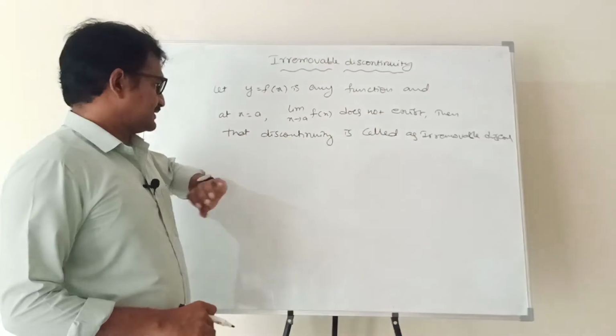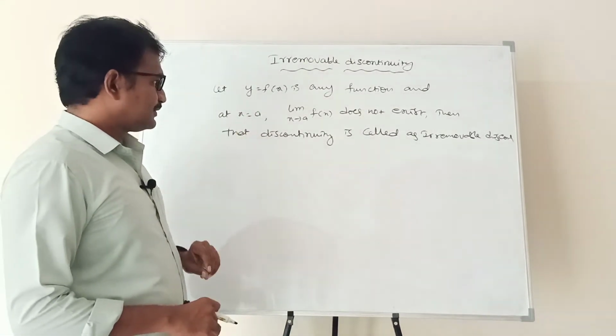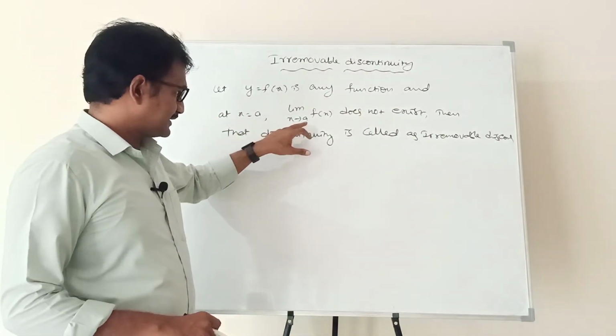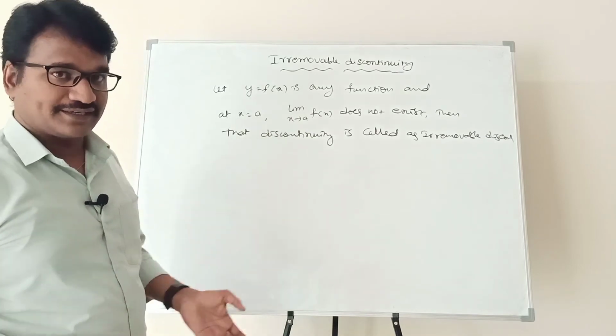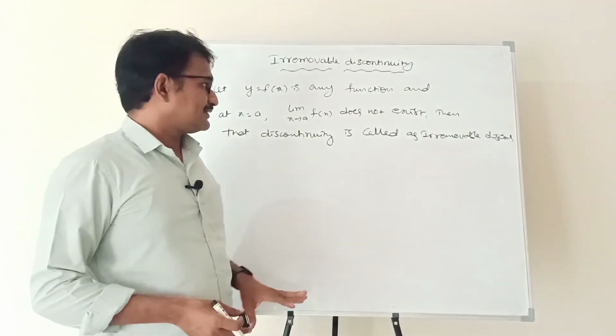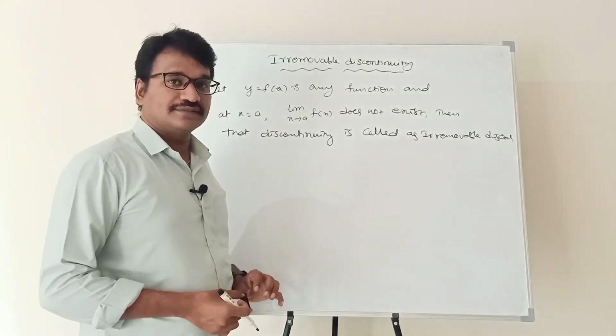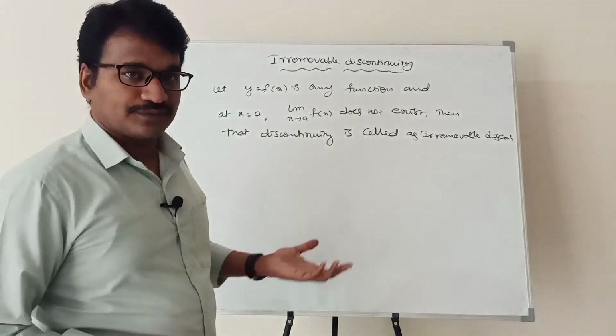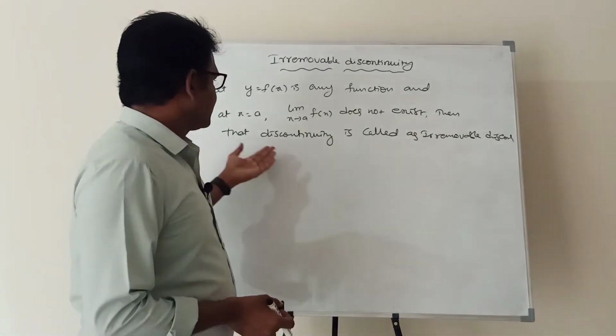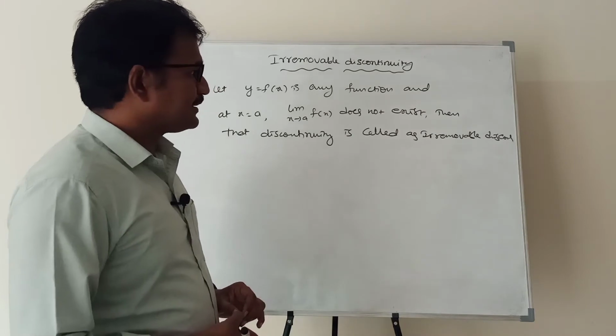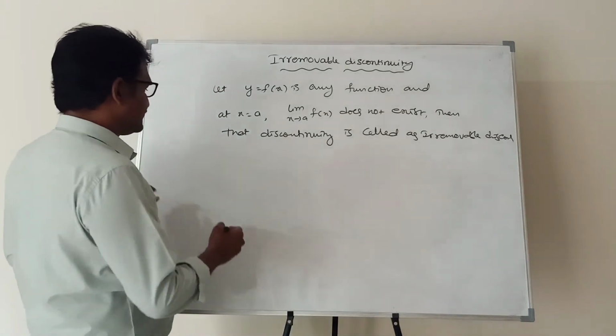That means LHL not equal to RHL, left hand limit not equal to right hand limit. Then that discontinuity is called irremovable discontinuity.